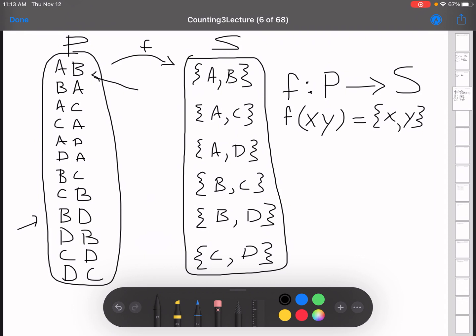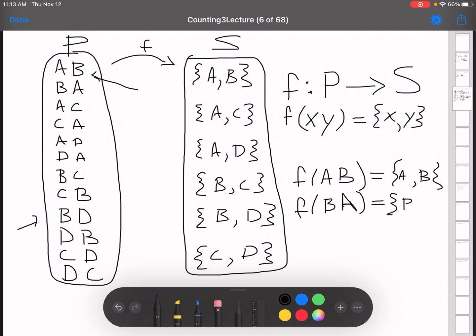Basically, let's say f of AB, here's a specific thing in P, and we just put a comma between A and B and put brackets around them. And so you can see that f of AB is equal to f of BA, because this would go to the set BA, and these are equal because for sets order doesn't matter.